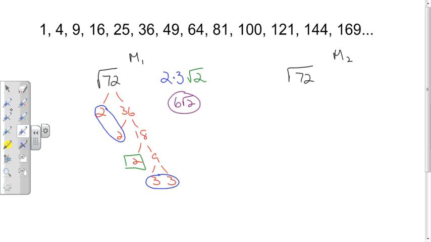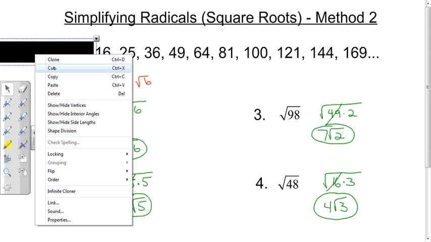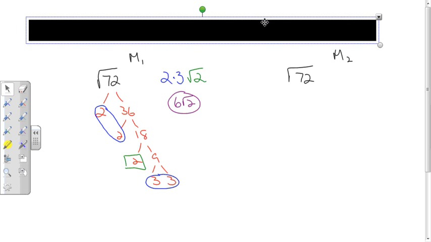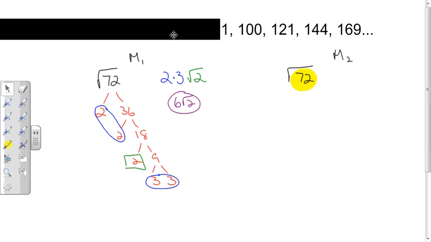Okay, now, without the factor tree, just go grab this black cover up real quickly. Again, I will ask that critical question of what is the largest square root factor of 72, or what's the biggest square root that goes into 72? Well, it's got to be smaller than 72, right? So let's start at 64.